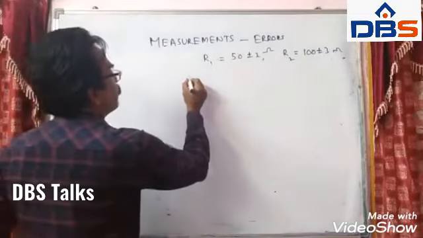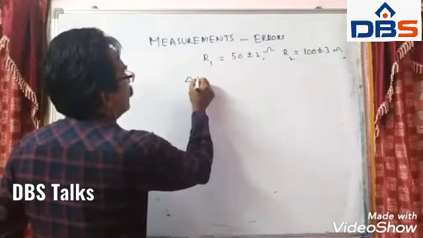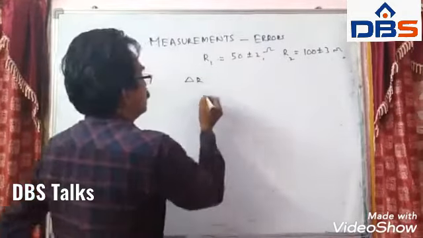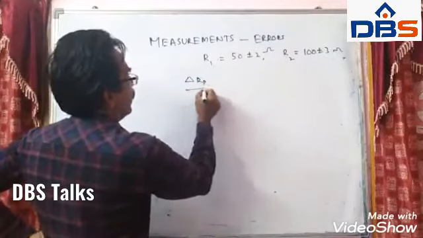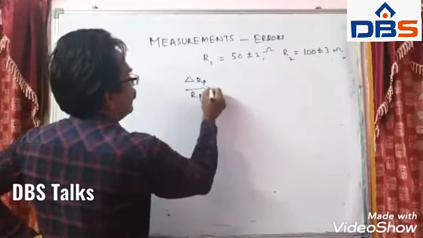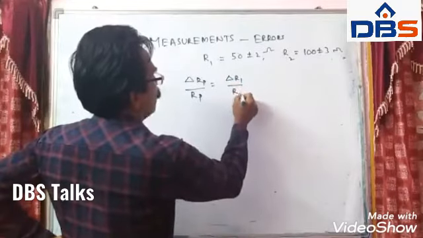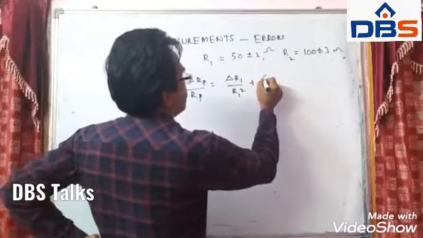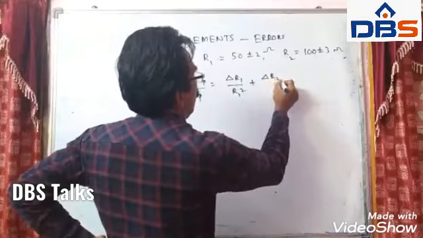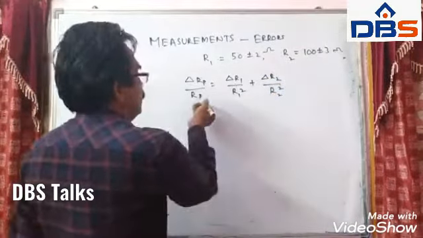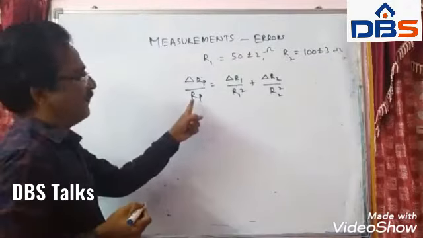We know these two resistors are connected in parallel, so delta RP by RP square is equal to delta R1 by R1 square plus delta R2 by R2 square. First let us find RP.